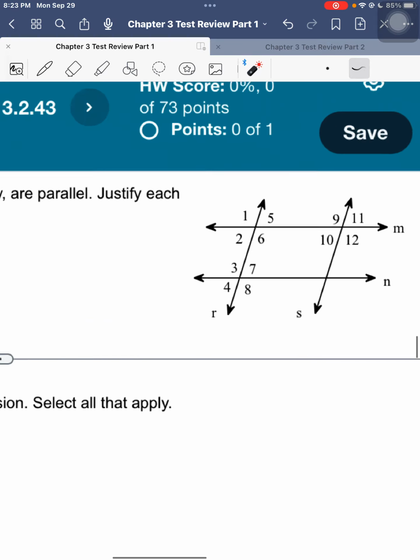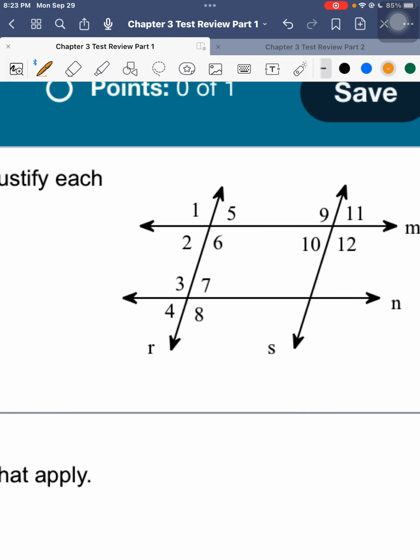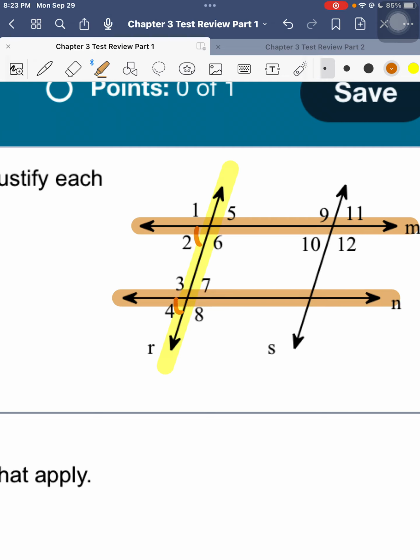Use the given information to determine which lines, if any, are parallel. Justify each conclusion. So now we're given that angle 2 is congruent to angle 4. Where are 2 and 4? Well, this is perfect. What is my transversal? My transversal is line R because it contains both my desired angles. Now, what are my transverse lines?